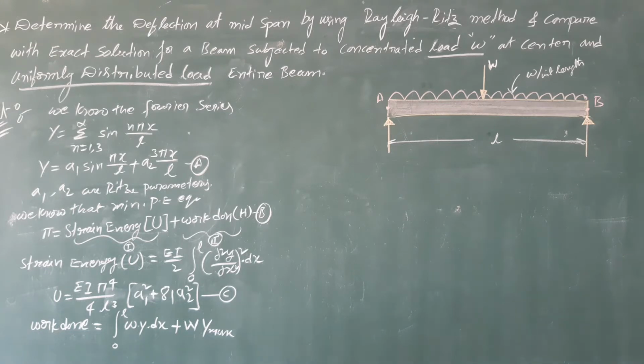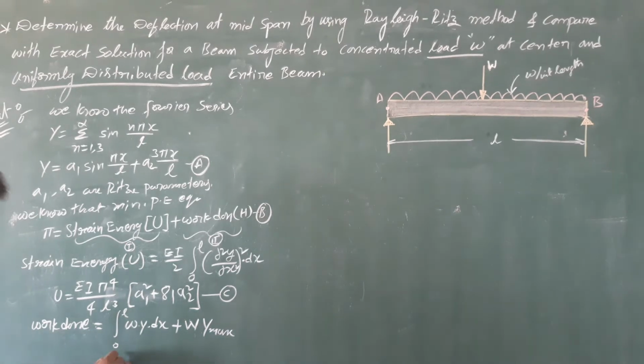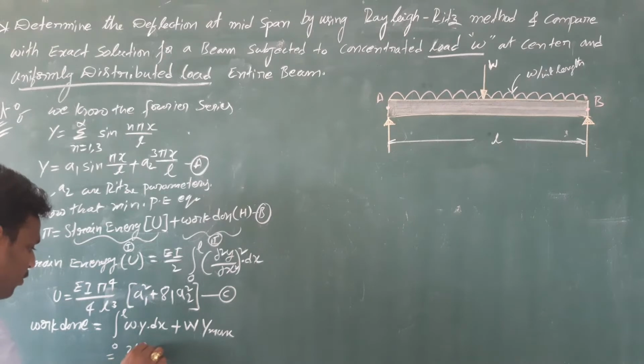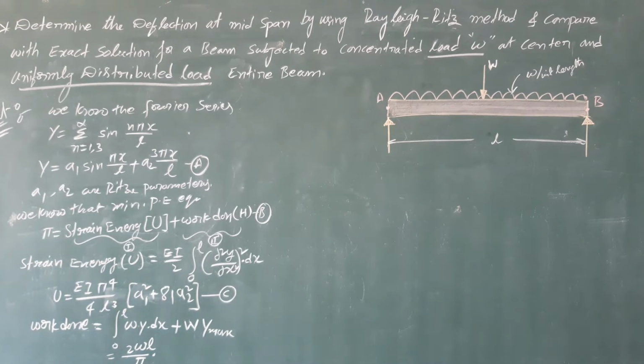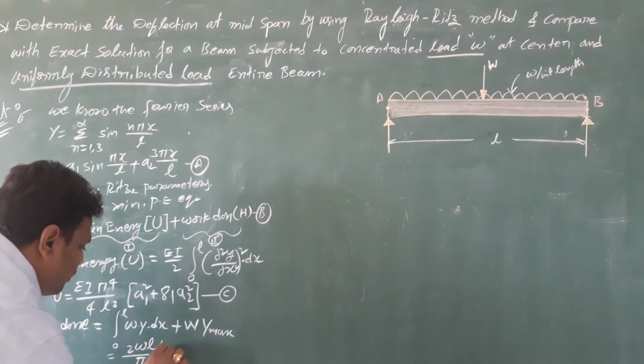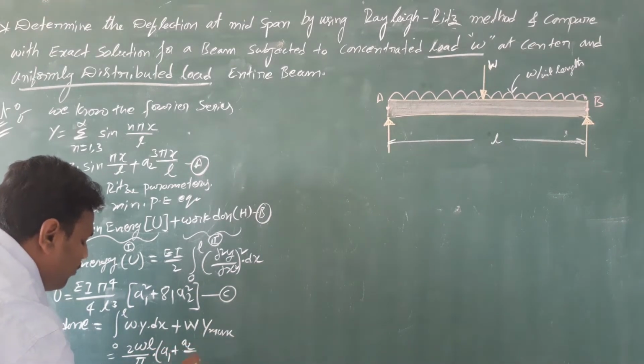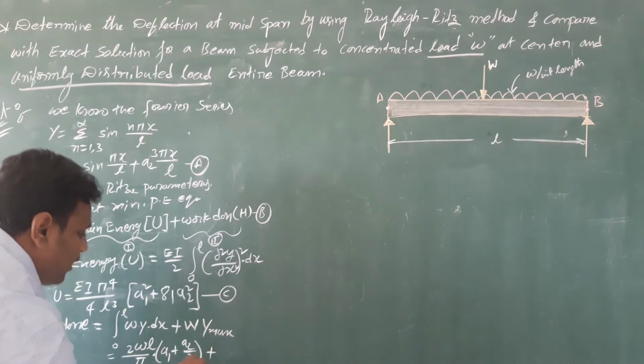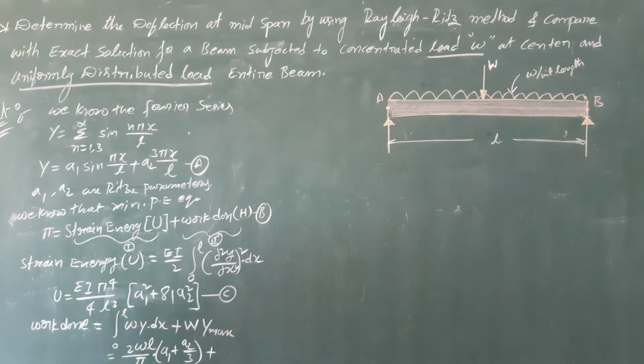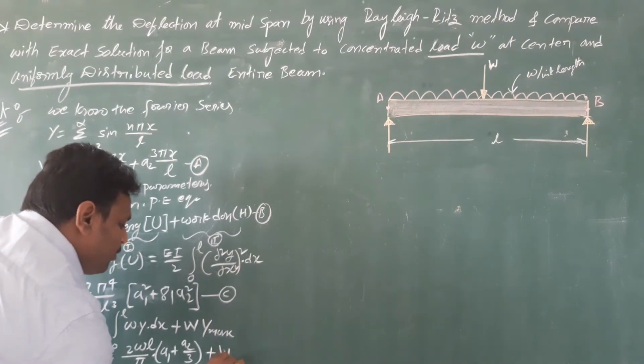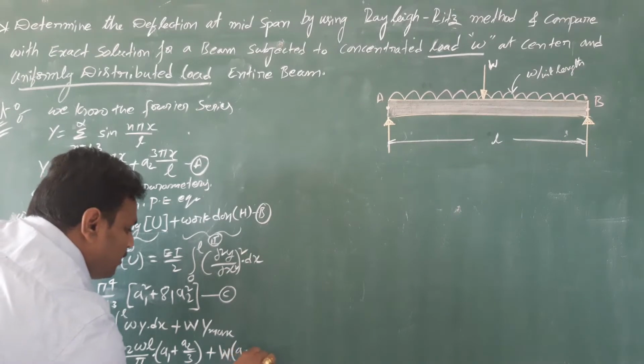This value is 2wL by pi into A1 plus A2 by 3, plus capital W into A1 minus A2.